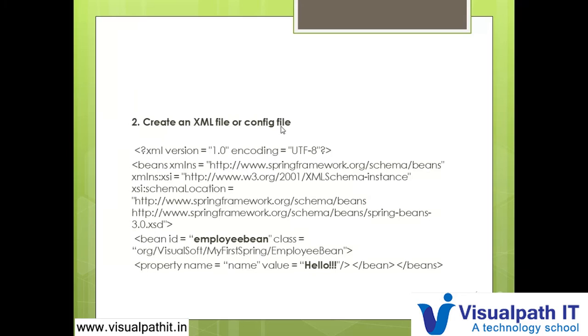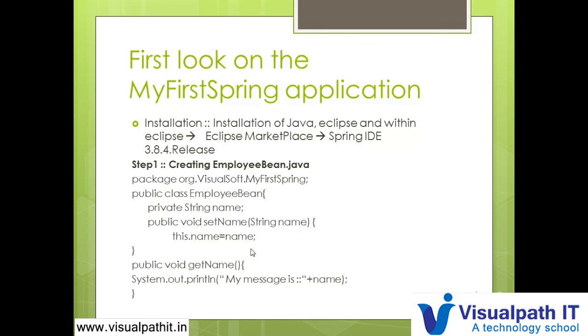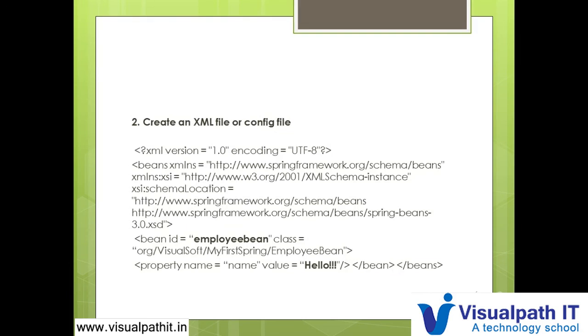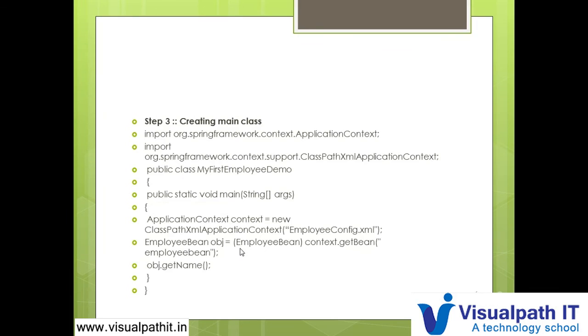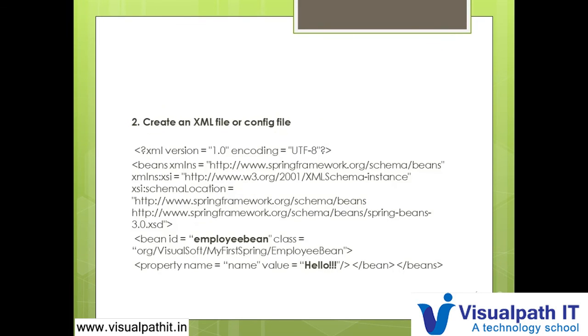So next is creation of the XML file or config file. Here the configuration file or the XML file is very important as part of the Spring framework, because we are doing most of the things, references, everything in this XML file itself. So first we'll have the XML version and the namespaces, below which we have the bean ID, which is very important, that is employeeBean, the name of the employee bean that we are accessing, and the class path of that employee bean that we have used here, from which it will fetch the actual variable.